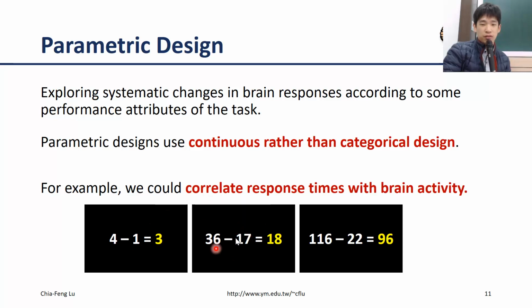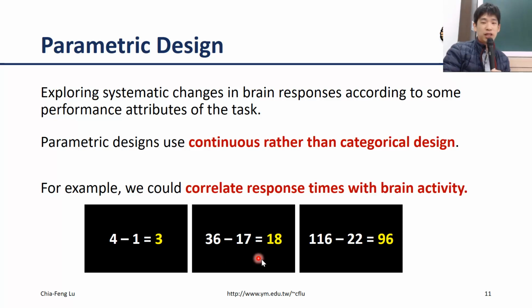If you come to this one, this is the middle level. You now ask your subject to do the two-digit subtraction. So now it is 36 minus 17 equals 18. Is it the correct one? Definitely the wrong one, so the subject needs to press the right button. But you can imagine, comparing these two mental loads, I mean the difficulty level, this one may take more time for the subject to decide whether this is the right one or wrong one.